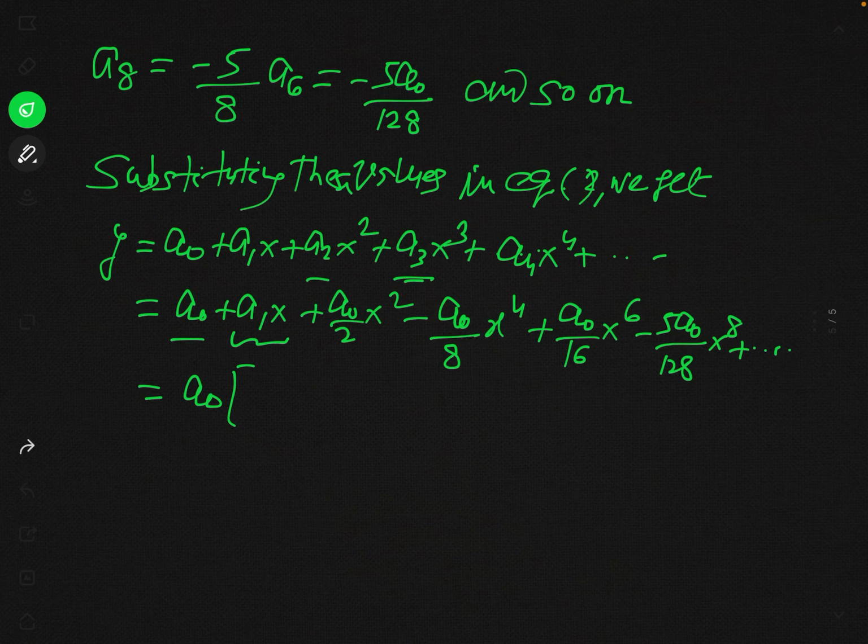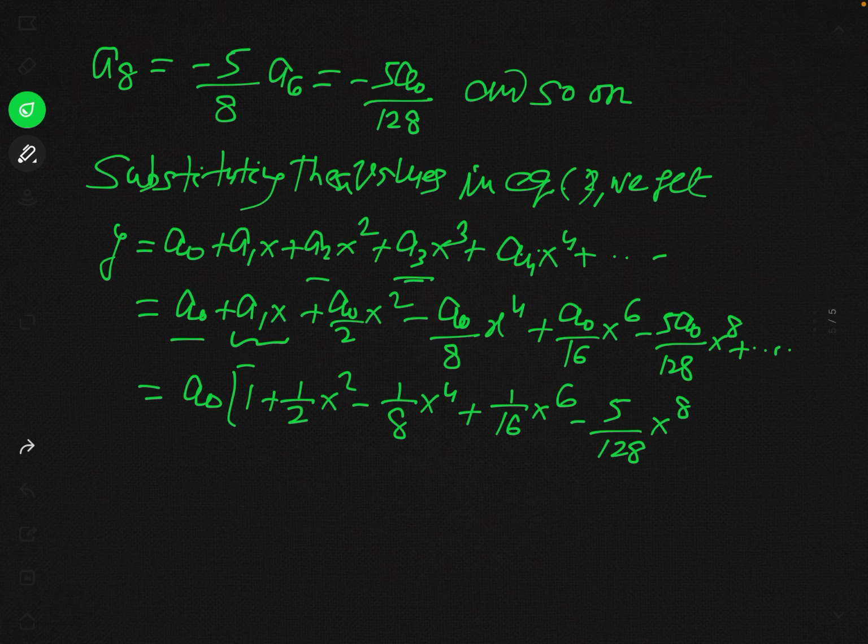So except this term a1x, you can associate all the terms taking a0 as a common factor, and this will be a0 into 1 plus 1 over 2 x square minus 1 over 8 x4 minus 1 over 16 x to the power 6, minus 1 over 16 is actually plus, and this is 5 over 128 into x to the power 8 and plus so on.